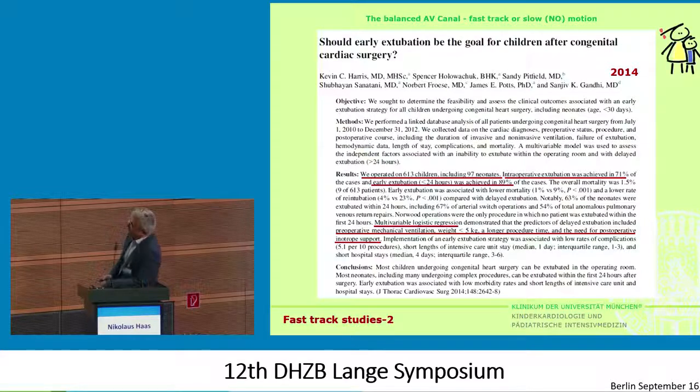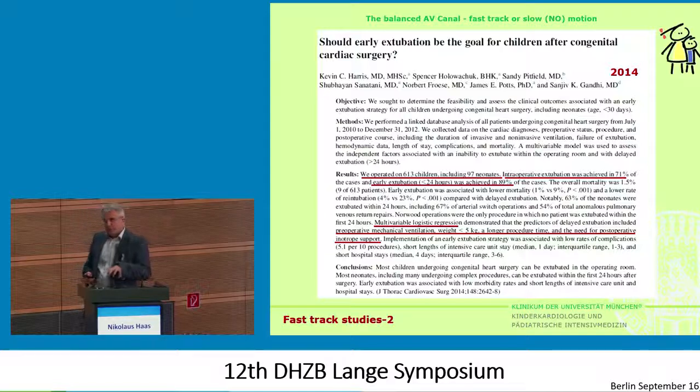So then, one of the last studies was a longer study, which was basically 600 children. So the studies get bigger because the idea of early extubation gets more and more attractive, including a whole lot of 100 neonates. Intraoperative extubation was 71%, and early extubation in around about 90% of the cases. That's a big, big number, and this is a big, big effort.